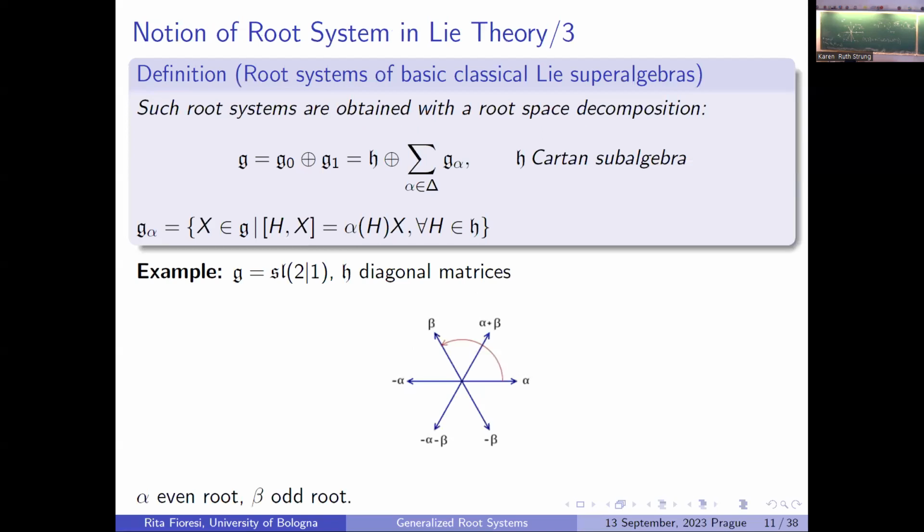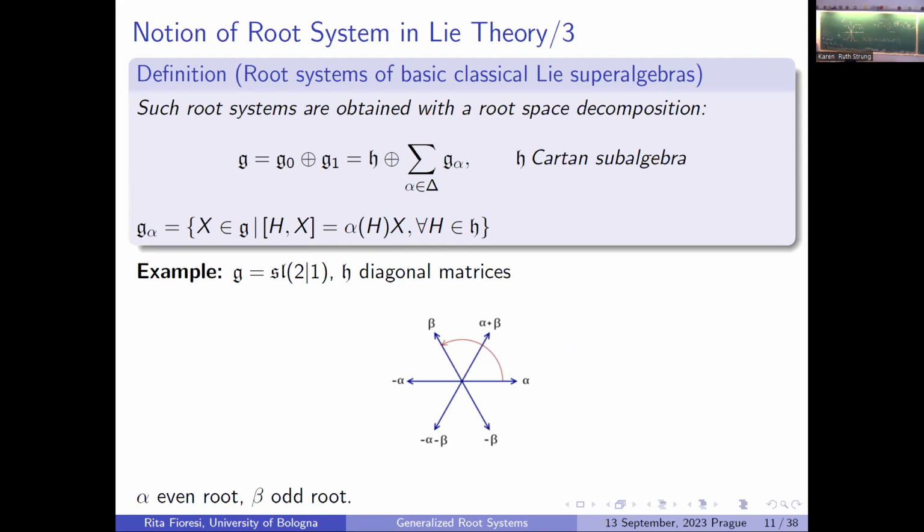Okay, so, and then there is a third notion of root system. Again, I apologize, there are many other notions. I just report those that seem more significant to me, and it is a totally personal point of view, of course. So for basic Lie superalgebras, actually, I apologize, I should say basic but better contragredient, whatever. But I'm saying that there is this notion of Lie superalgebra, and you can provide a root system for them.